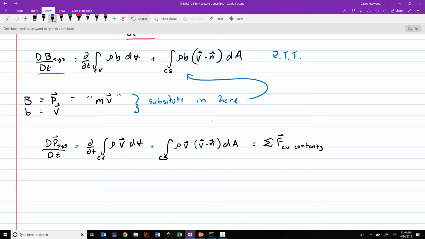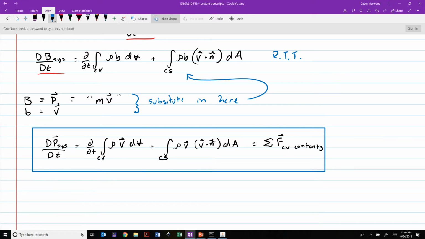Okay, so what we've written right here is the linear momentum equation.